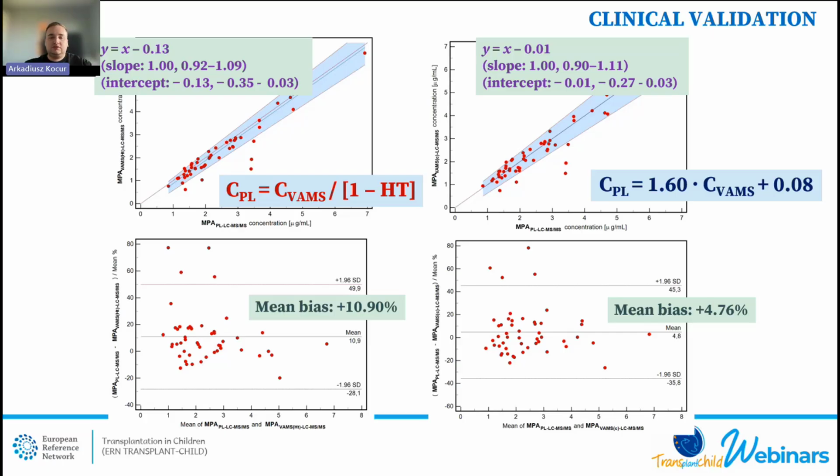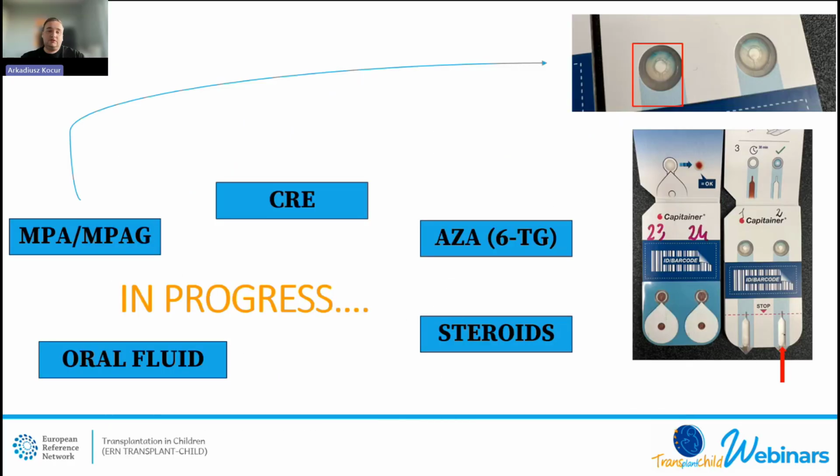It's still used in our daily practice in the pharmacokinetic profiles of MPA, and we have another formula for the glucuronide of MPA, and it still works well. But this formula is for renal transplant patients, pediatric renal transplant patients. If we want to use this formula in other kinds of graft patients, we should evaluate them additionally.